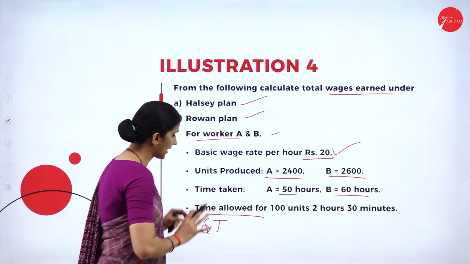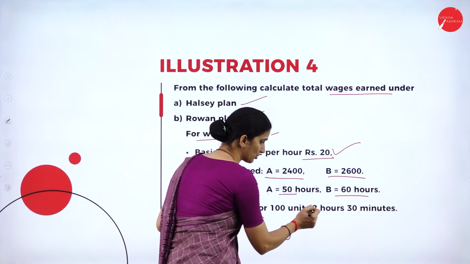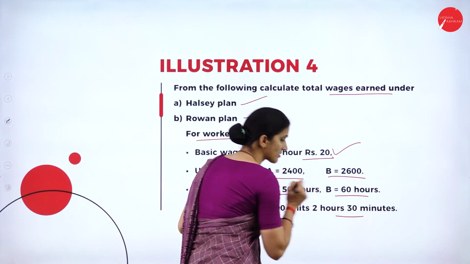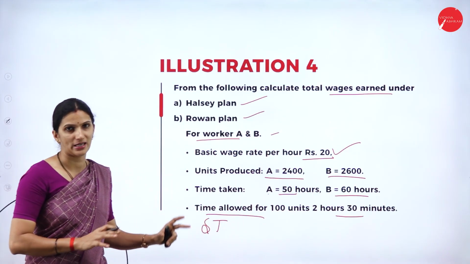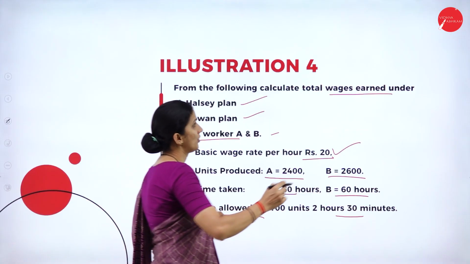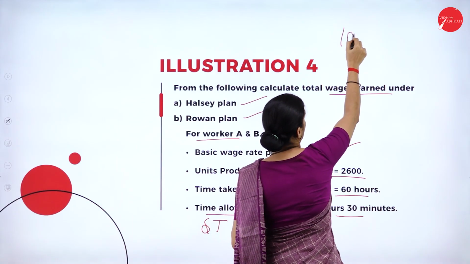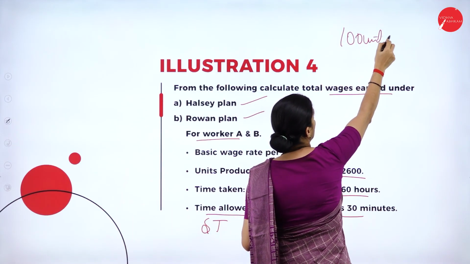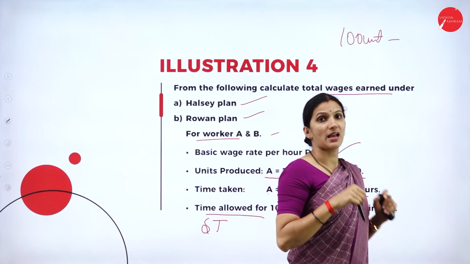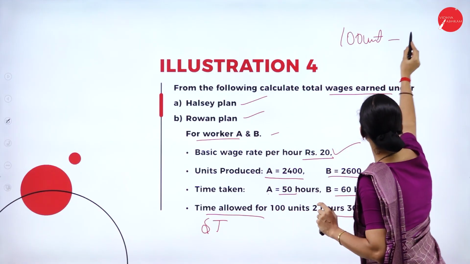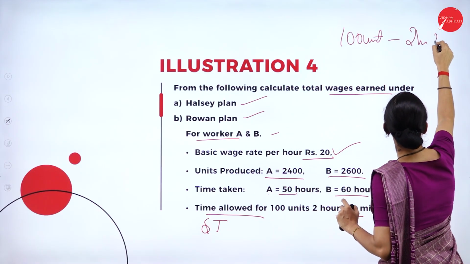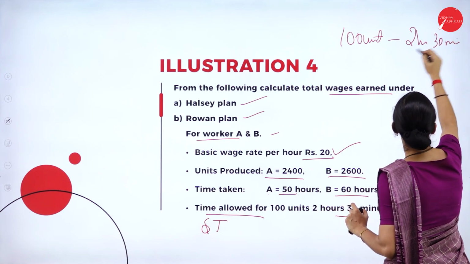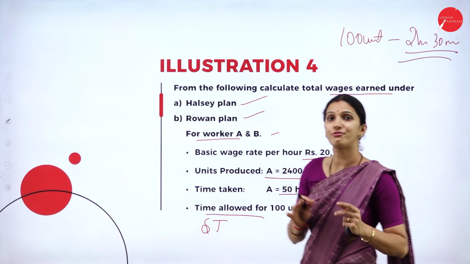Standard time given for 100 units is 2 hours 30 minutes, fixed. So for the production of 100 units, the standard time fixed here is 2 hours 30 minutes.